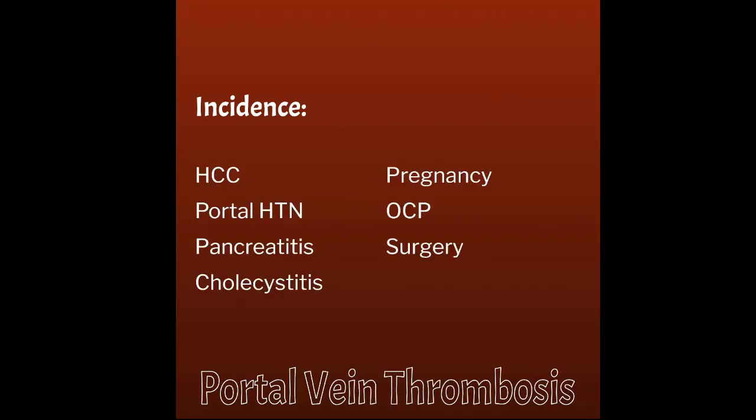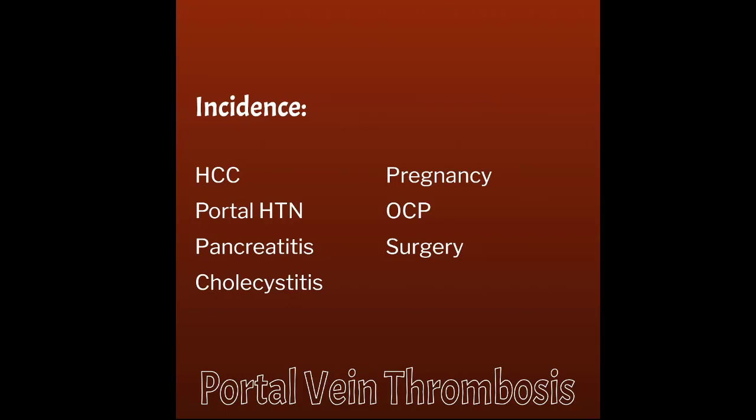People who develop portal vein thrombosis are typically going to have some sort of underlying disease that goes along with it. Most commonly, we're going to see it with HCC, or hepatocellular carcinoma, which is a primary cancer of the liver. We might also see it in patients with portal hypertension. Remember that blood flow is flowing in the wrong direction in portal hypertension.